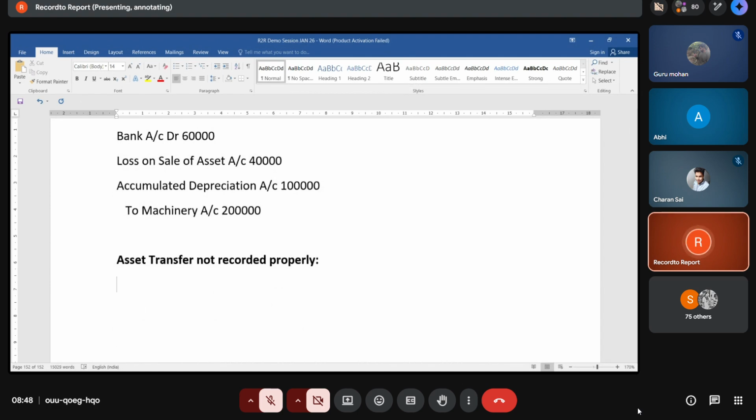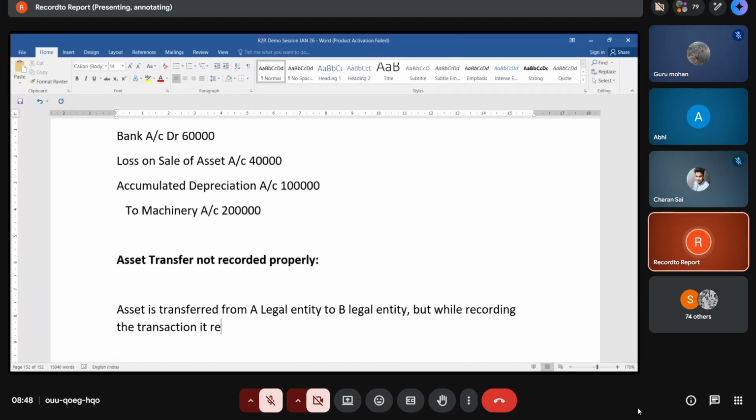Assume the asset is transferred from A legal entity to B legal entity, but while recording the transaction, it is recorded as transferred to C legal entity.